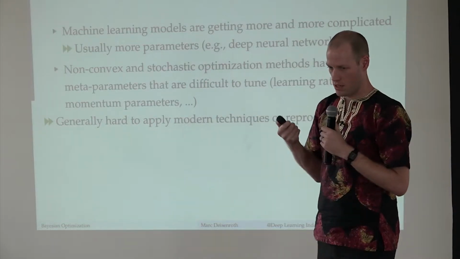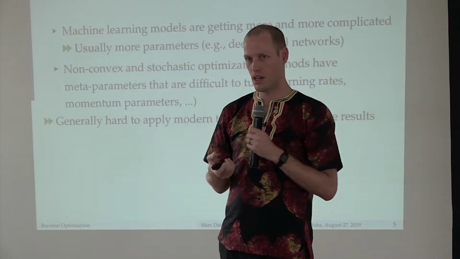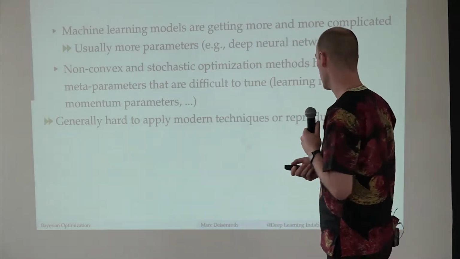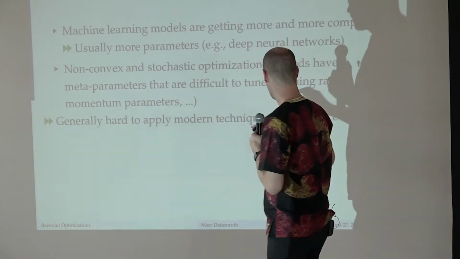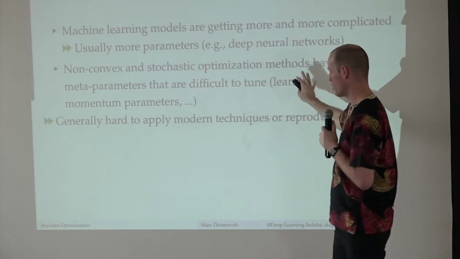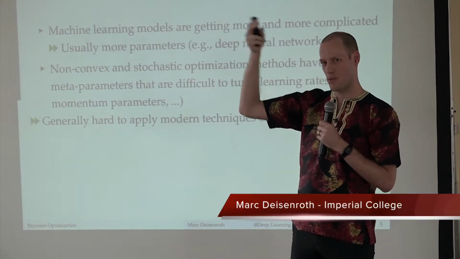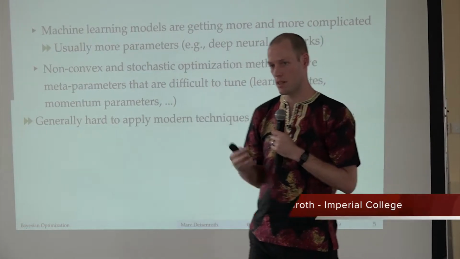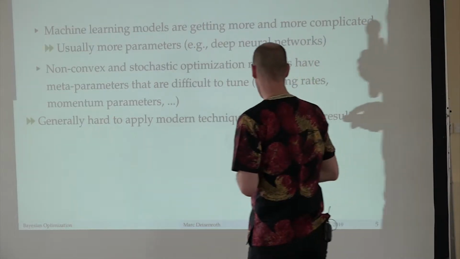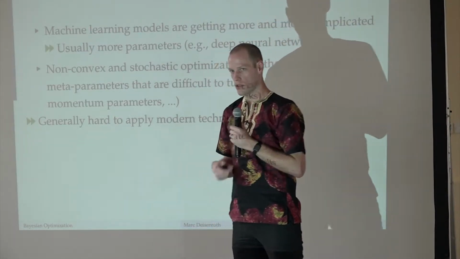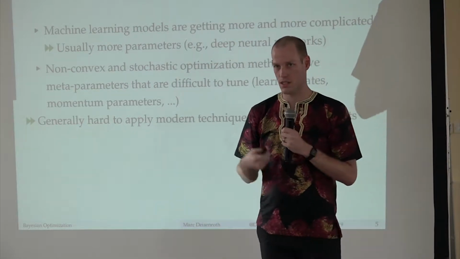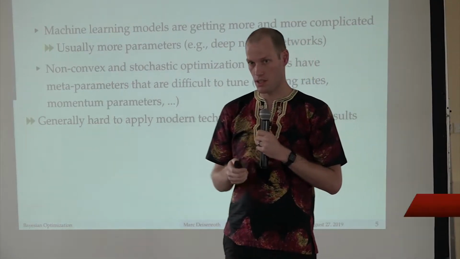The optimization methods we need are non-convex and stochastic, and this is very difficult to tune, for example the learning rates or momentum parameters. Finding the right hyperparameters is very difficult. And in general, it's very hard to apply modern machine learning techniques and then to reproduce the results.